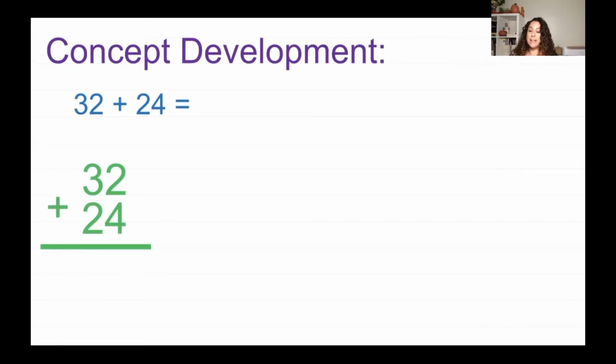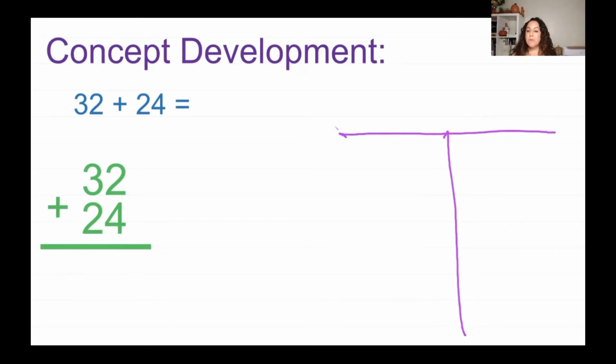For the past few days we've been using a fancy place value mat, but for today, I want you to grab a piece of paper and a whiteboard and draw your own T-chart. Go ahead and pause the video and grab a whiteboard and a marker. A T-chart looks like this: we draw a horizontal line and then a vertical line.